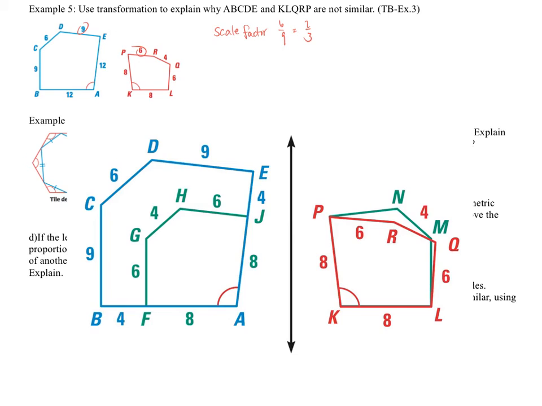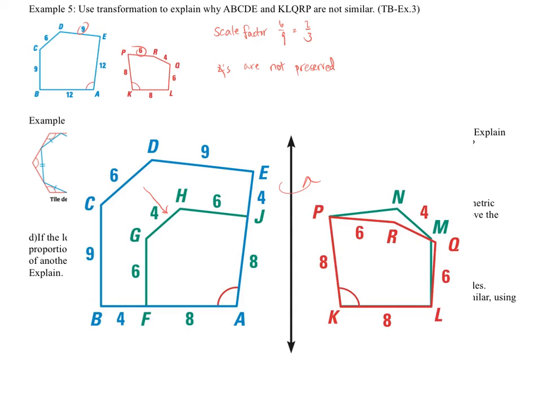But this does not mean that the pentagons here are similar, because if you were to do a dilation by shrinking the bigger one, the blue one, into the green one, and then you reflect it, you'll notice that the green one does not actually match the red one, because the angles are not preserved.